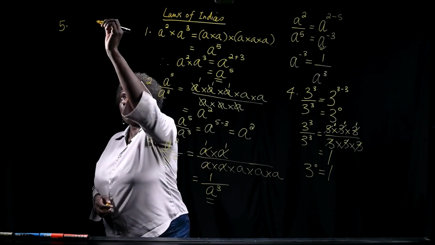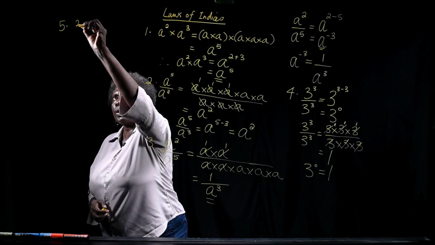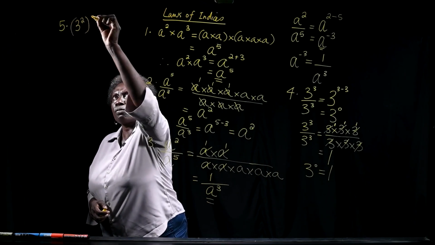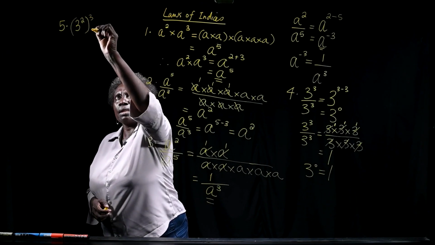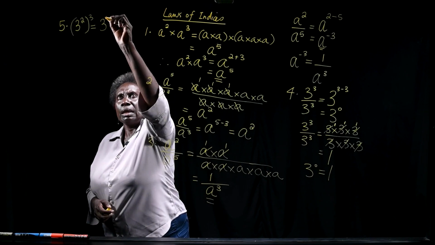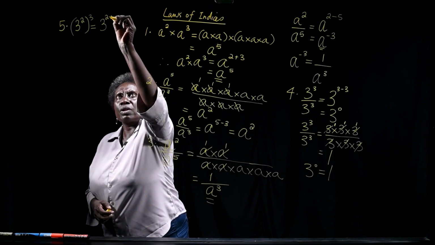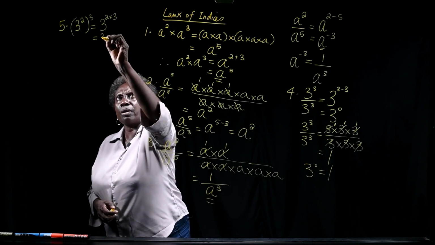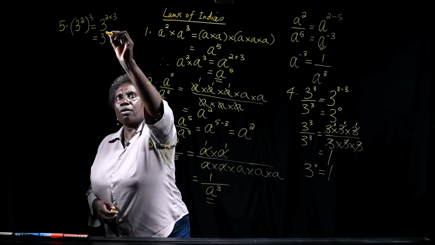We say for rule number 5, if I have 3 to the power of 2 raised to the power of 3, that is equal to 3 to the power of 2 times 3. We multiply the powers, so the answer will be 3 to the power of 6.